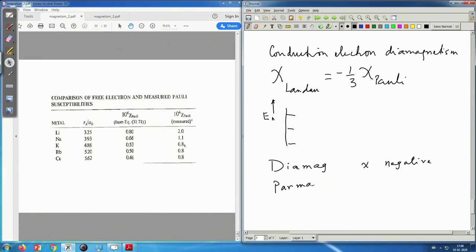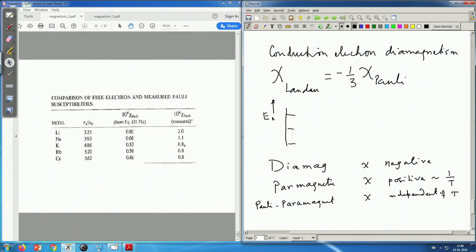So, paramagnetic, so chi positive. If you have independent paramagnets, independent ions, independent moments, then you have chi going as 1 by T. Then you have Pauli paramagnet, which is what conduction electrons do, where chi is positive, of course, but independent of temperature.